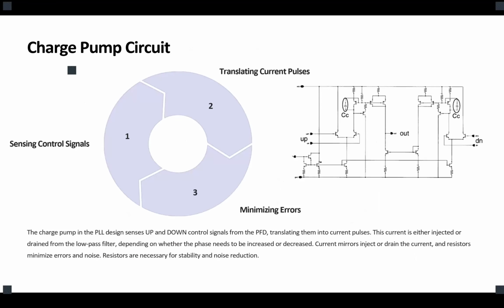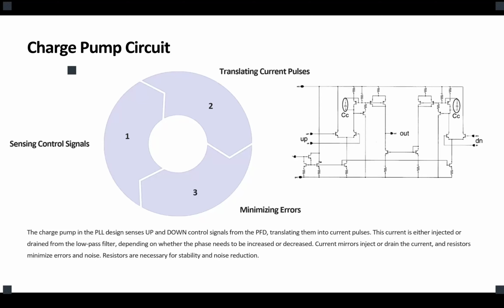Now, one thing that in reality works, but in theory they don't mention it, is the charge pump component within the PLL. What the charge pump does is sense that up-down signal from that D flip-flop and translate it into a current signal.